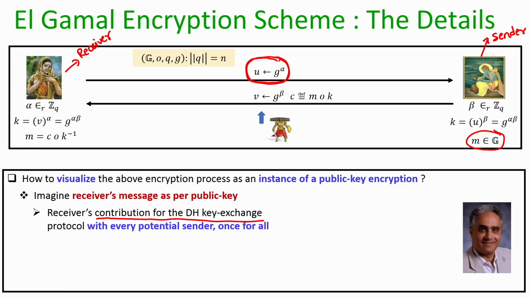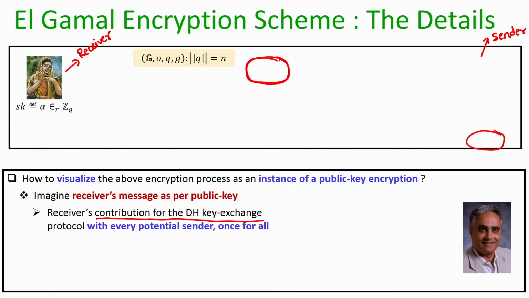So, what ElGamal proposed is that the receiver makes her contribution public once for all, namely she picks some random alpha as her secret key and makes g to the power alpha available in the public domain as her public key.